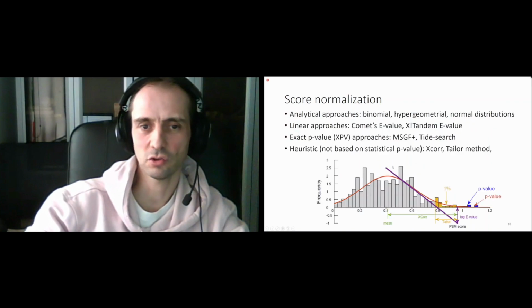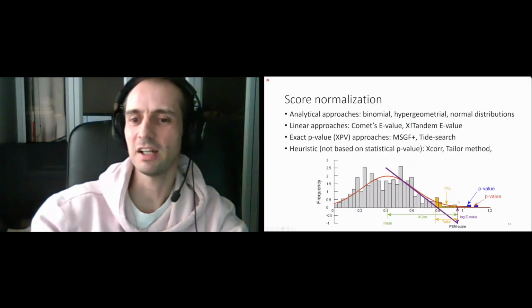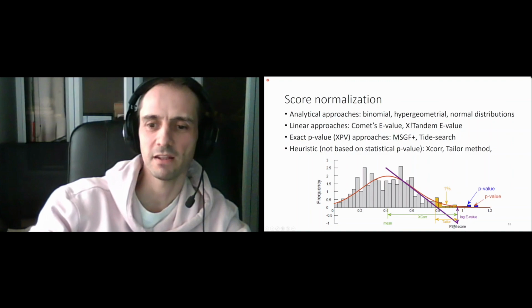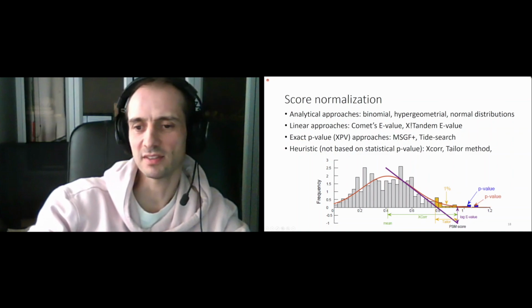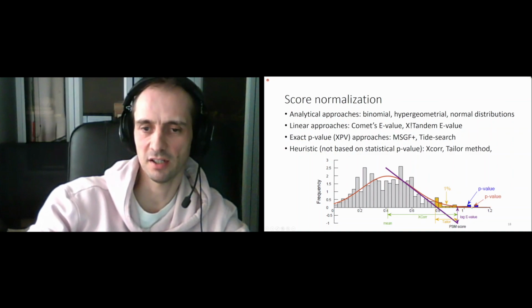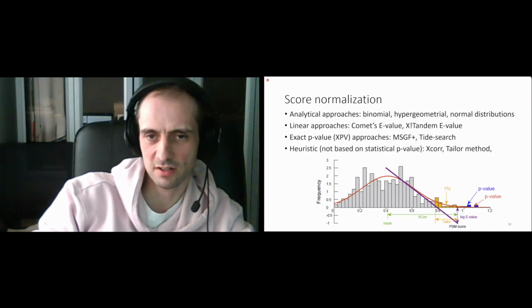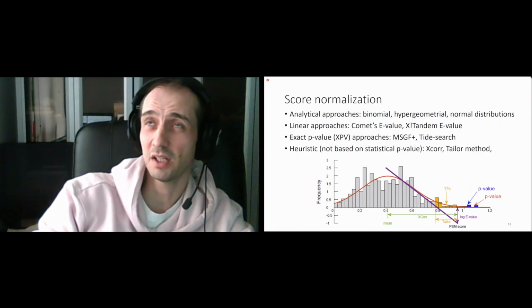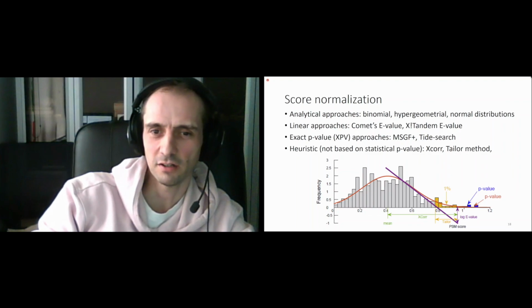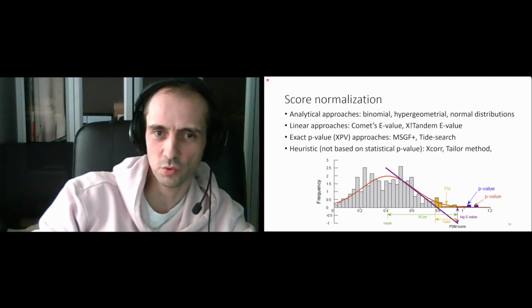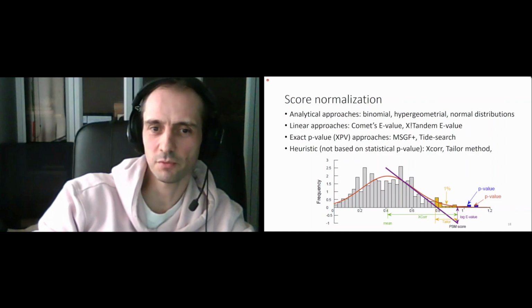And basically, the score normalization is related to the p-value. It tells you how significant your hit is. Okay? There are lots of approaches. In the beginning, in the 90s, researchers used analytical approaches.